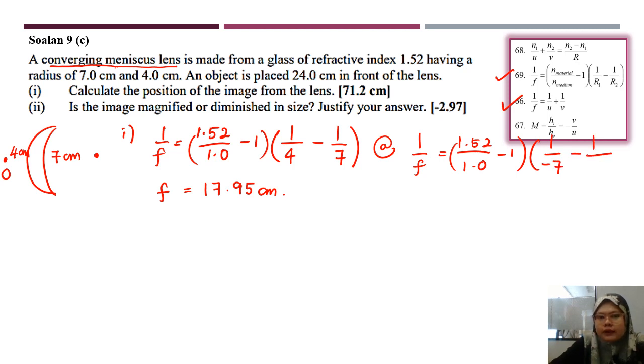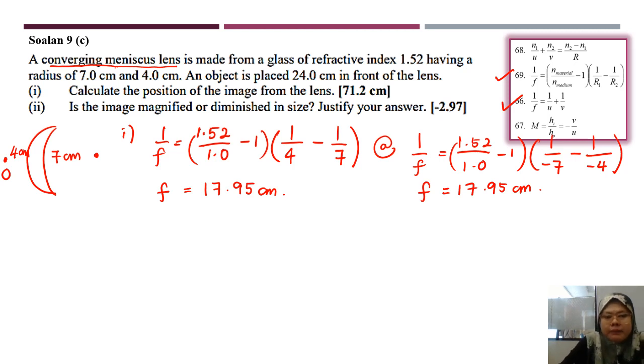Minus dengan 1 over, yang ini pun surface concave juga, because your object is belah kanan. So dia akan jadi 1 over negative 4. So from here you akan dapat dia punya focal length sama juga 17.95 cm. Tak kisah position of the object tu dekat mana, ataupun macam mana you lukis lens tu, dia tidak mempengaruhi.